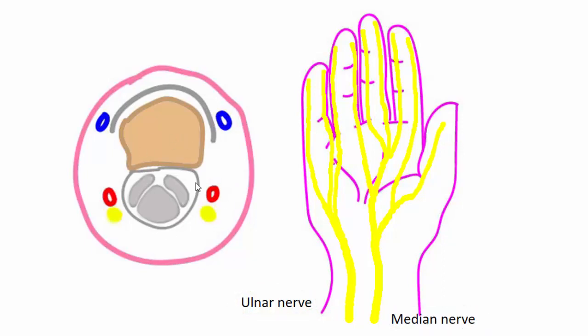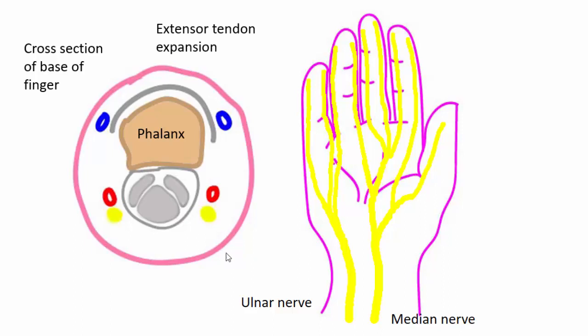If we have a look here, this is a section through a finger taken proximal to the proximal interphalangeal joint, so it's in the first part of a finger. Let's look at the structures here. First of all, here's the phalanx, the bone in the middle. Over the top, this sort of grey arch, is the extensor tendon.